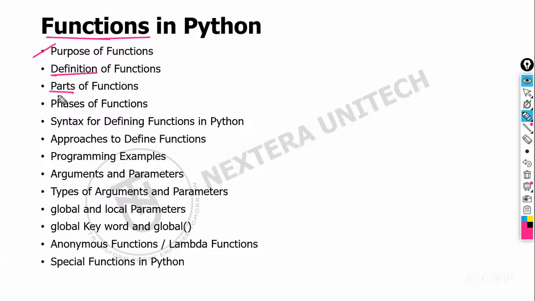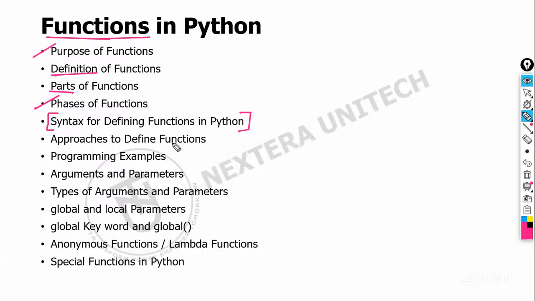Okay, so the parts of function will be understood. Then we'll also understand the phases of function and the syntax for defining functions in Python. How we have to define a function in Python? The syntax. We'll understand the syntax.